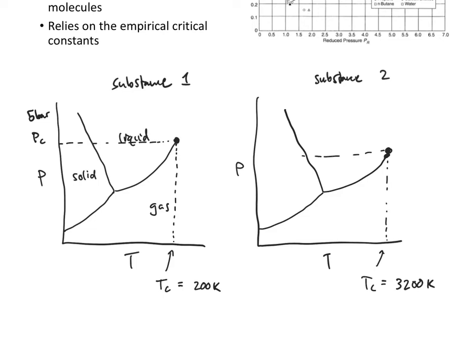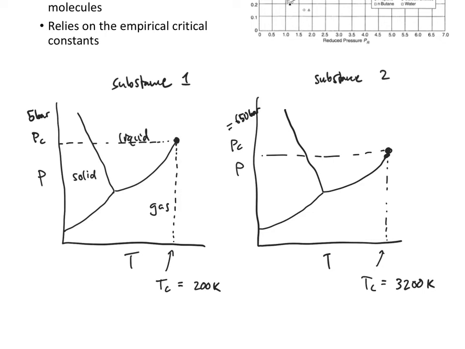And then maybe its critical pressure is some different value than substance 1. Maybe it's equal to 650 bar, something like that. So each of these substances have a different critical pressure, different critical temperature.